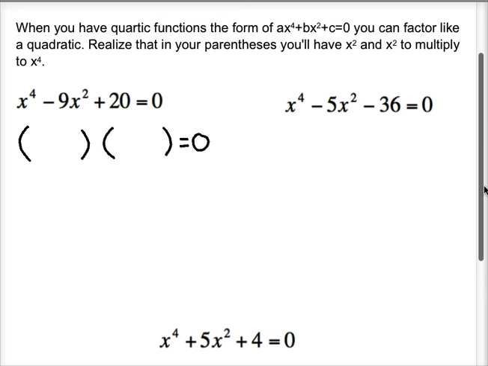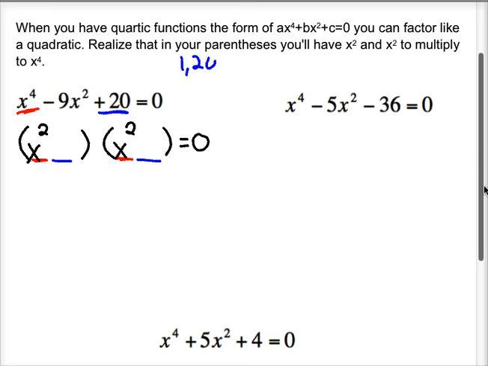If you think of our normal two parenthesis factoring, these two terms give you that x to the 4. Well, how do I get an x to the 4? Well, with an x squared and an x squared. These two terms make the 20.